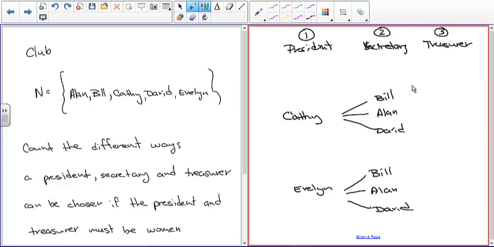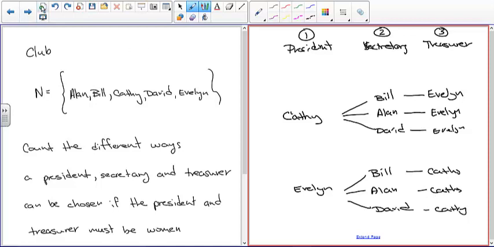And then finally, when we've picked Kathy as president and Bill as secretary, there's 1 woman left, which is Evelyn. So Evelyn's the one that's left over here, and she, by default, gets the treasurer job. And over here, Evelyn's been chosen as president, so Kathy is the option for treasurer.